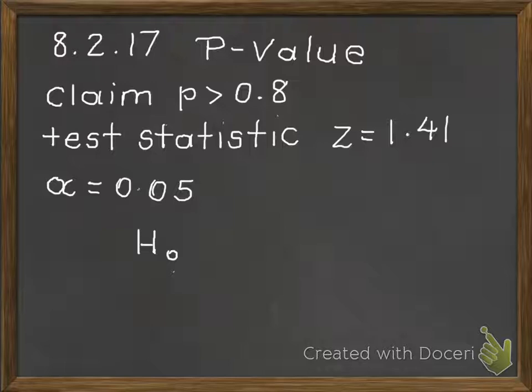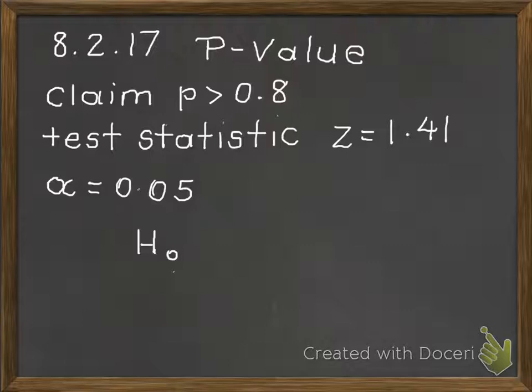To understand this problem, we need to first construct our hypotheses. What does a hypothesis test look like? Our claim, the thing that we want to determine, is whether the proportion is greater than 0.8. Now, the opposite of that, if this were not true, would be p is less than or equal to 0.8.